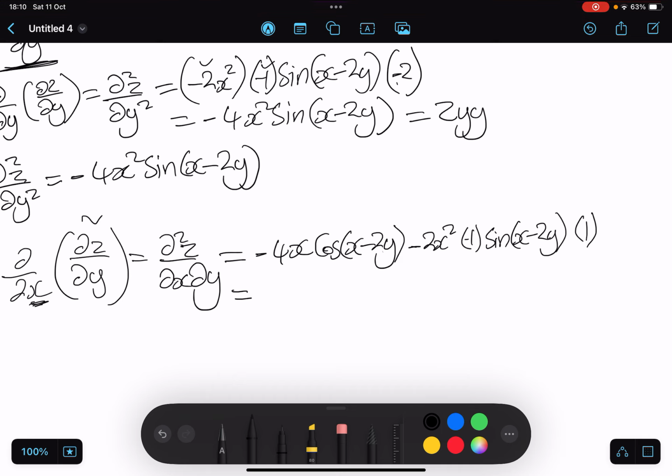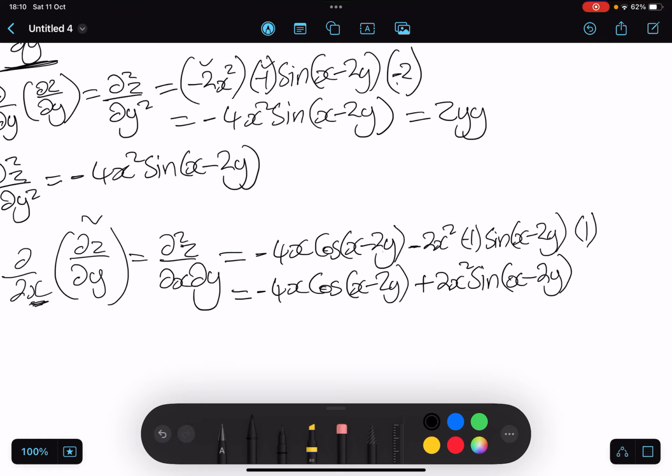So this is equal to minus 4x cos(x minus 2y), and then minus times minus is plus 2x squared sin(x minus 2y). So this is what we have.